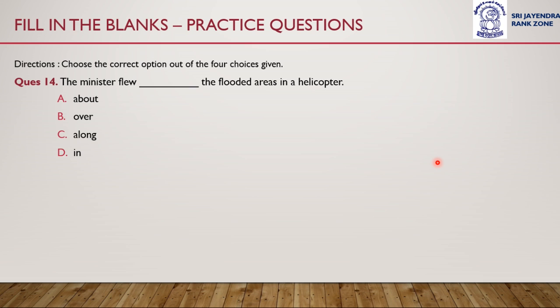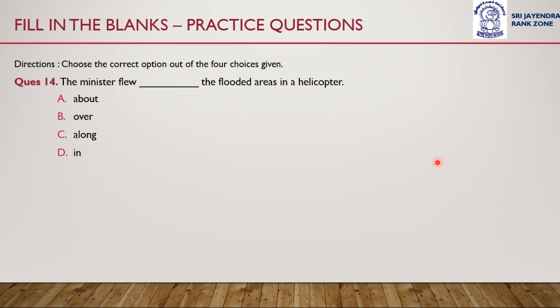Option A is about, option B is over, option C is along, and option D is in.